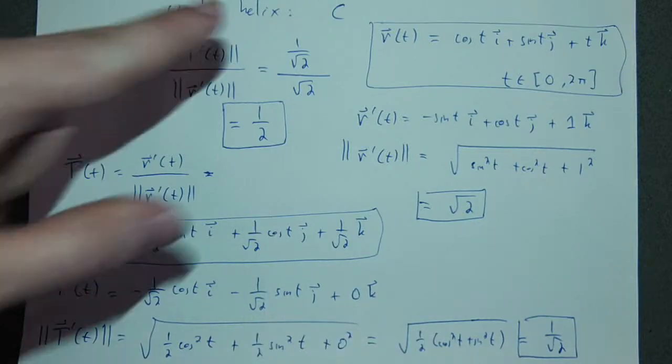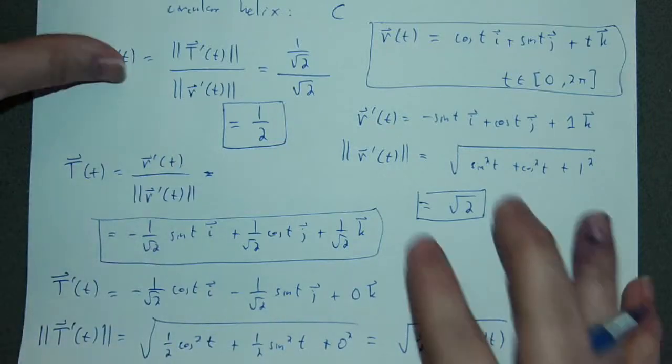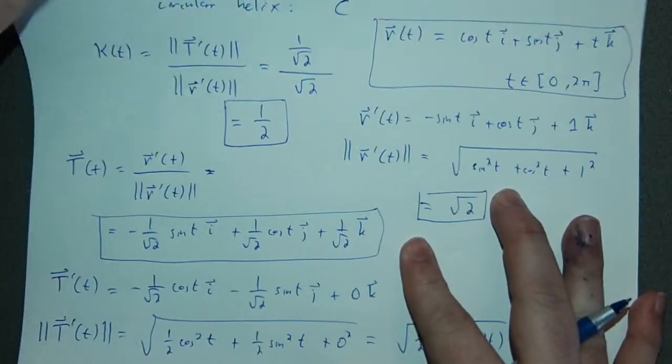So the curvature of the circular helix in space has the same curvature as what other curve in space? I'll wait for chat. So here's my question. We just computed the curvature of the circular helix that I wrote down. Its curvature was 1/2. What other space curve has curvature 1/2?